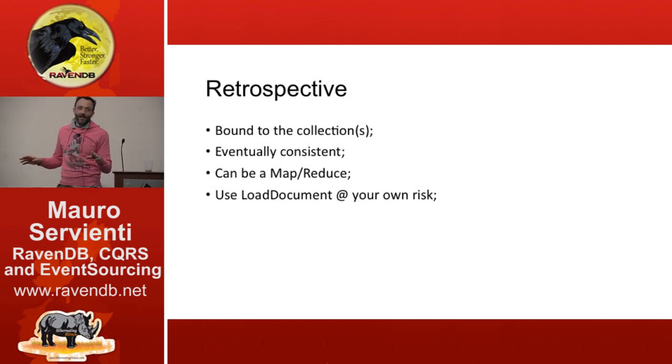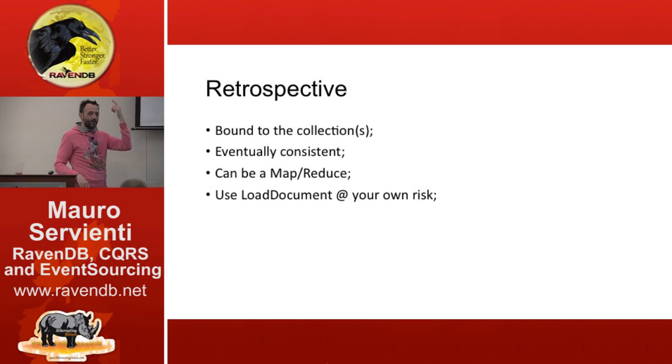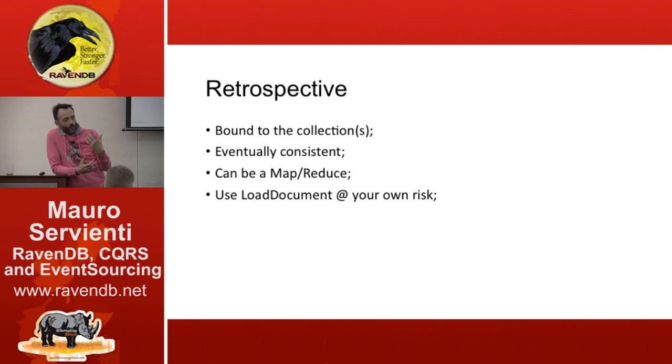There's the load document API in RavenDB that basically lets you load documents at indexing time. If you recall the sample document we had in the first session, where we had, for example, the customer key inside the order document, what we can achieve in indexes is that we can ask the index to load the customer document for us at indexing time, and then we can project into the index more properties of the related customer.